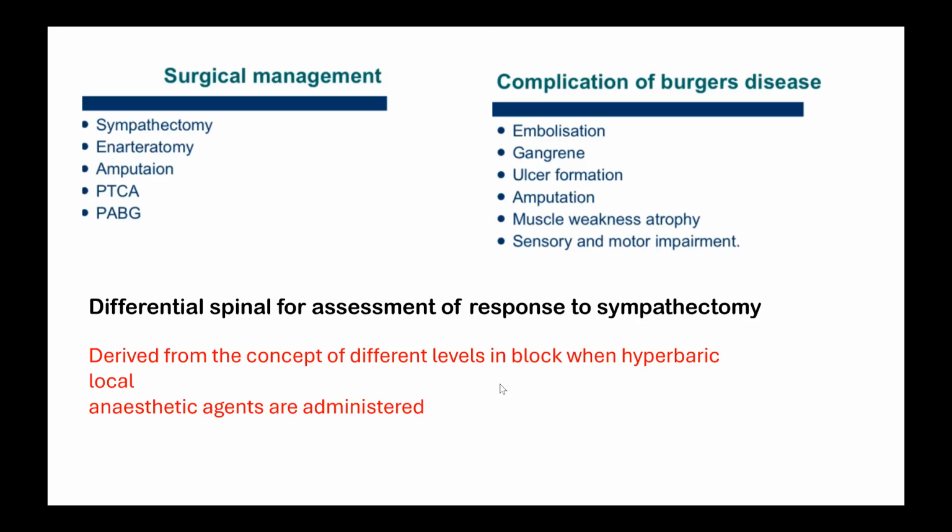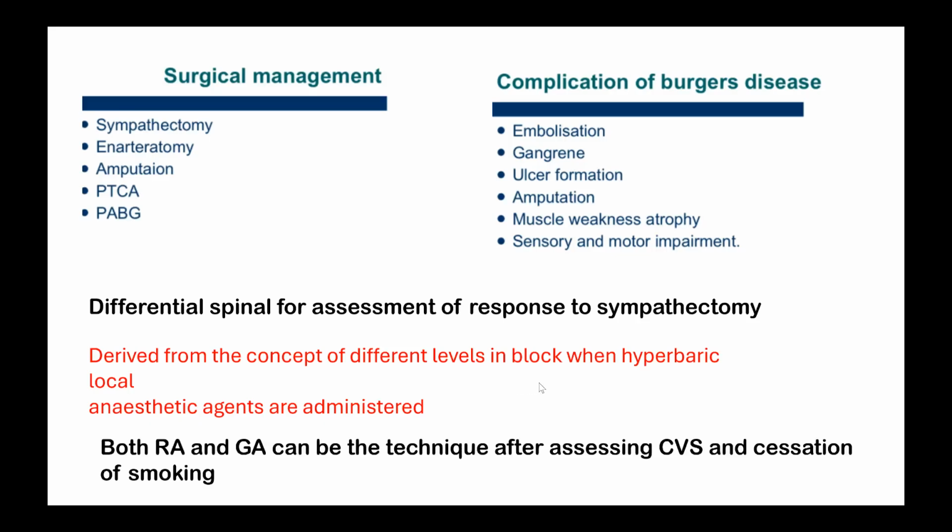So once that autonomic blockade has happened, there will be good vasodilatation in the lower limb. And you have to test the temperature of the skin in the limb before and after the injection. And if there is an increase of 1 degree centigrade in the skin temperature, that patient will benefit by doing a lumbar sympathectomy for augmenting the blood flow to the limb without going in for amputation. Okay? This is what is being done.